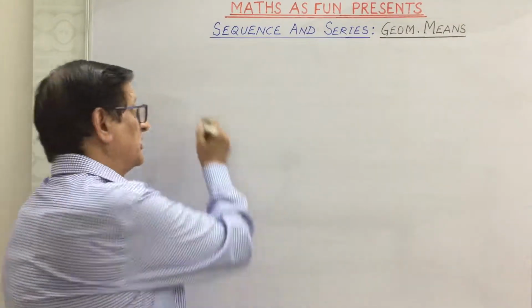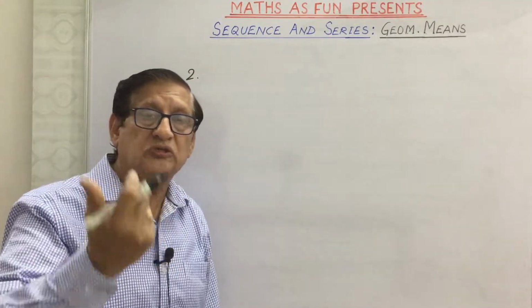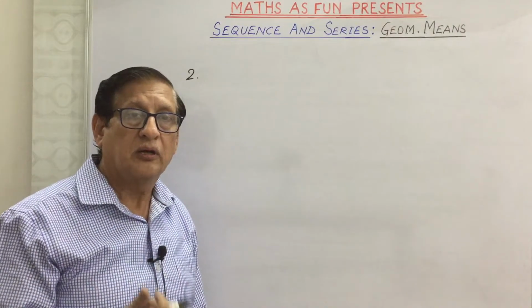Now the second case is to insert more than one geometric mean between A and B. Let it be n.